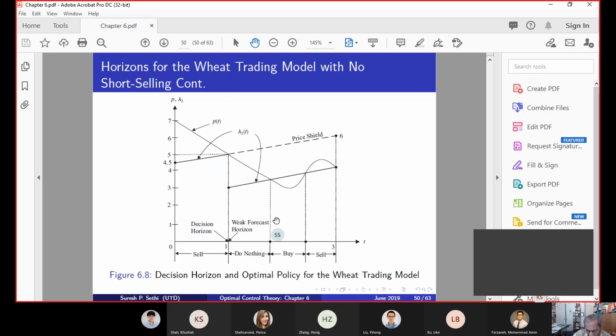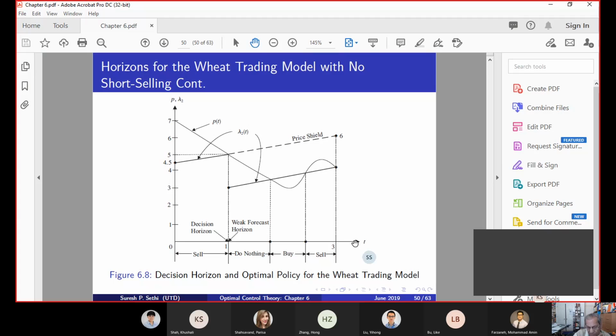A strong forecast horizon is a time period, and a forecast given up to that time period, and a solution that is created for this time period for that forecast. Suppose I can find one point here such that the decision of this part doesn't change no matter what I do to the forecast beyond this forecast horizon.